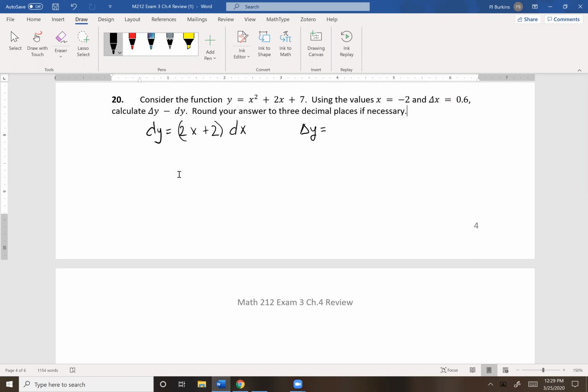Either everybody got really quiet or I lost everybody. I'm here. So it's that equation there. That was that difference quotient that we used earlier in the semester.